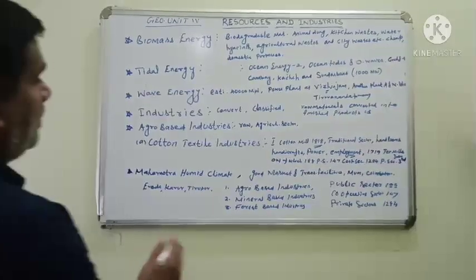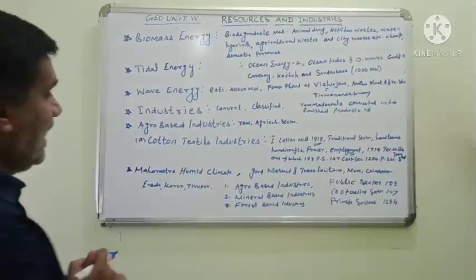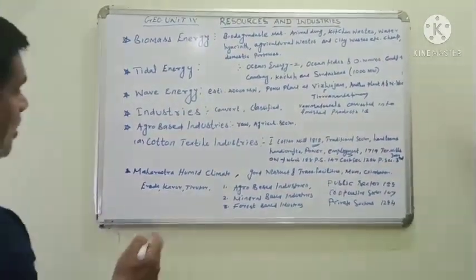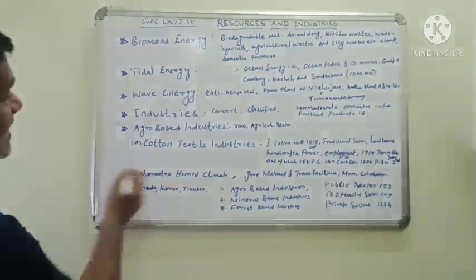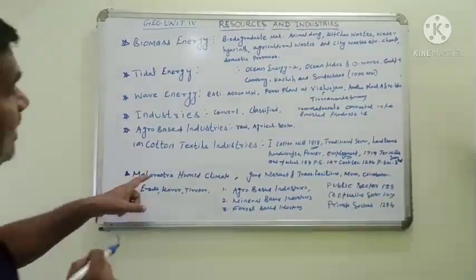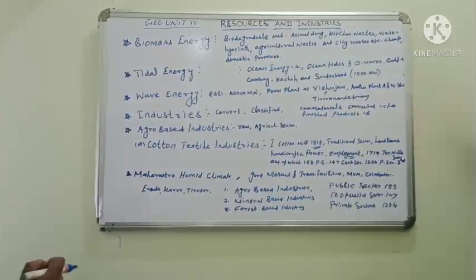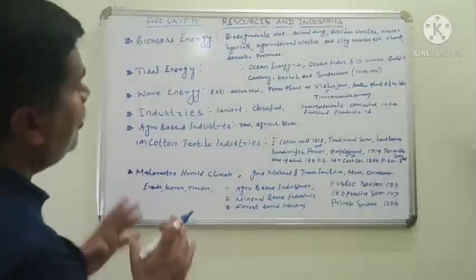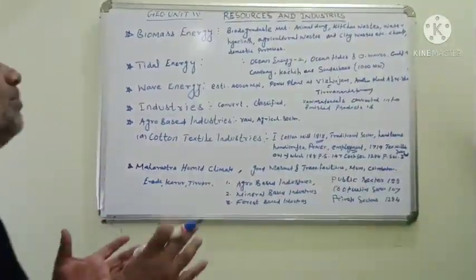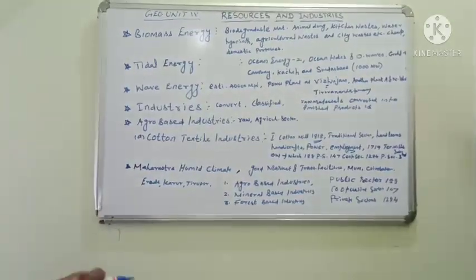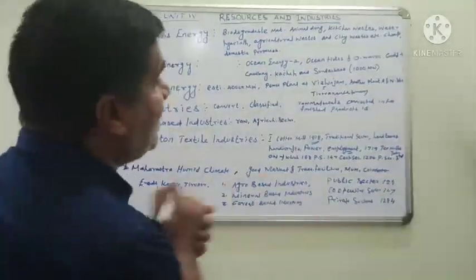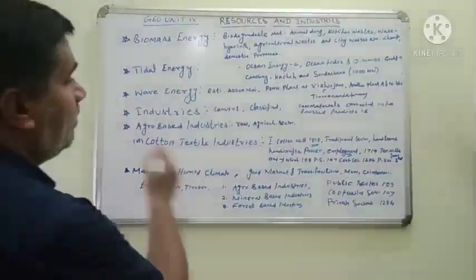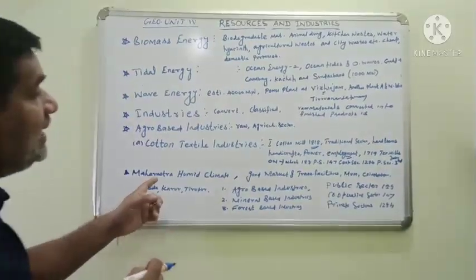Noted, Maharashtra is one of the places where the major cotton textile industries are located. In Maharashtra, a humid climate, good market facilities and transport facilities are available, particularly in Mumbai.